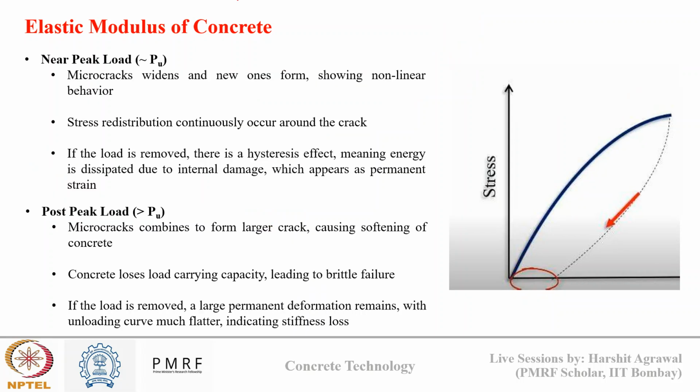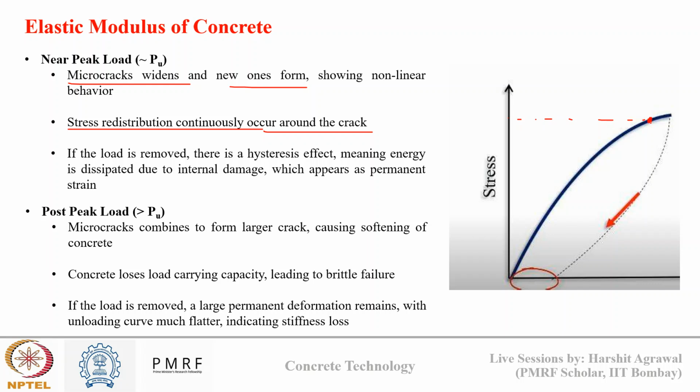Now suppose I apply the load very near to the peak load, and I have reached this point. What has happened till this point? The micro cracks inside the concrete have widened and new cracks have formed, due to which there is non-linear behavior in concrete. Now there is stress distribution occurring around the crack.